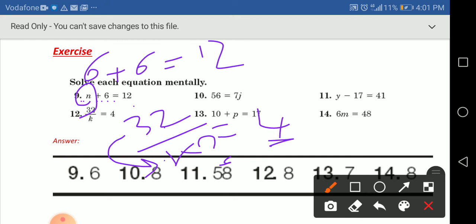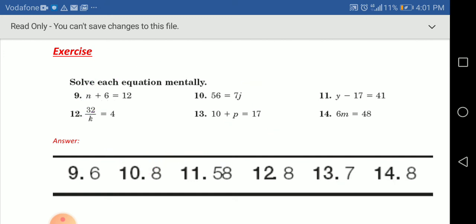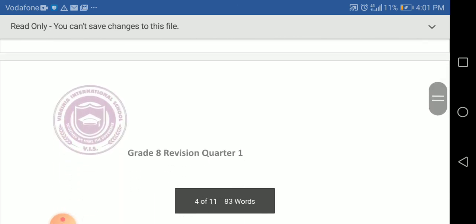Okay. When I say here 56 equals 7 times what? 7 times what? Because between 7 and j there is a hidden multiply. So I tell myself it's 7 times 8, right? 7 times 8. Okay, easy. I can solve it mentally.